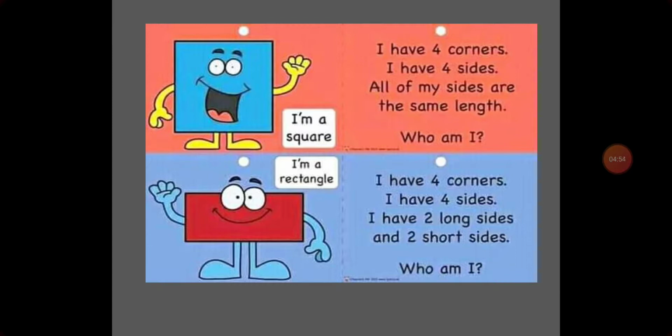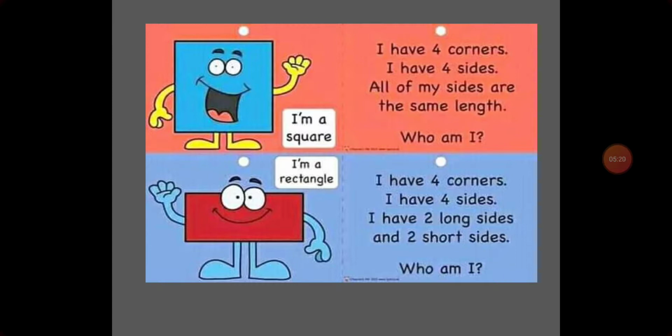So in this case, this shape has 4 corners and 4 sides. Now, all the sides are the same length. I think you know by now what shape I'm talking about. What shape? Square. Yes, you're correct. It's a square.